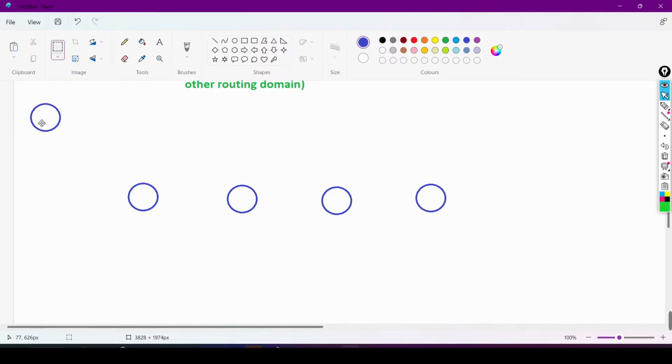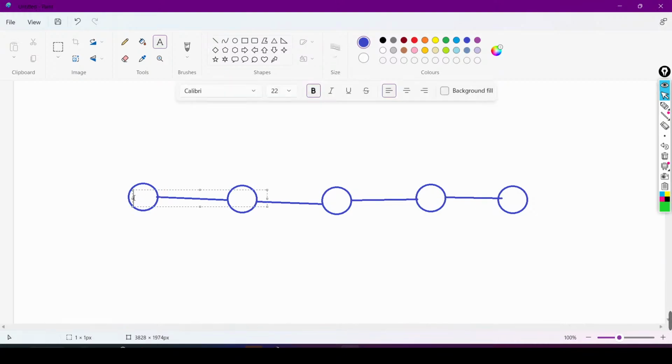Suppose I have 5 routers over here. All are directly connected with each other. Let's say this is my router 1, this is my router 2, this is my router 3, this is my router 4, and this is my router number 5.